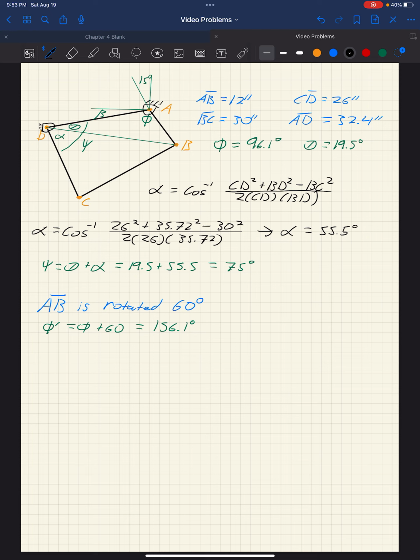So now we're solving for B prime D, which is equal to AD squared plus AB prime squared minus 2 AD AB prime cosine of phi prime, all this under a square root.